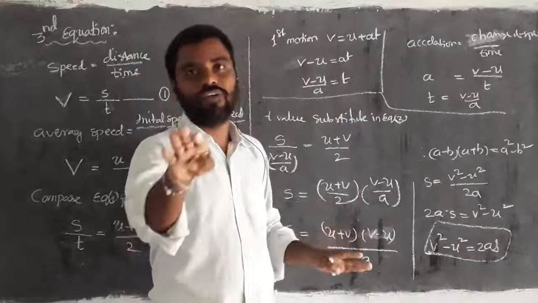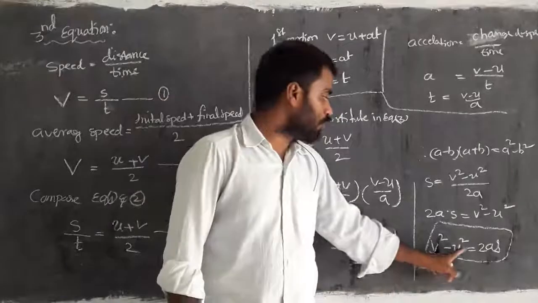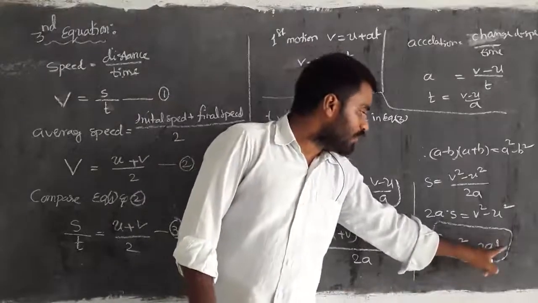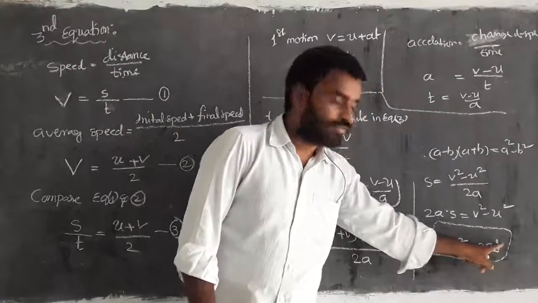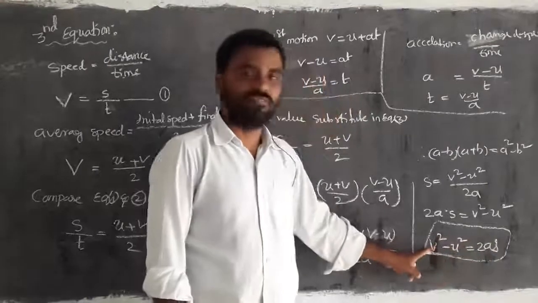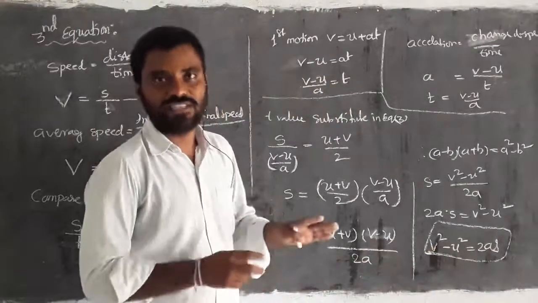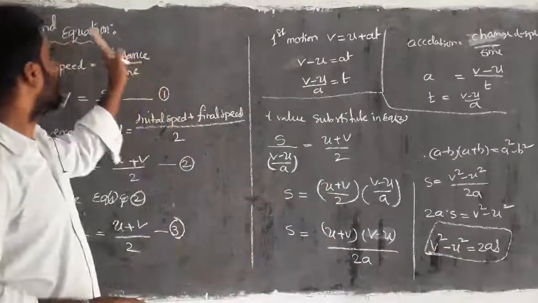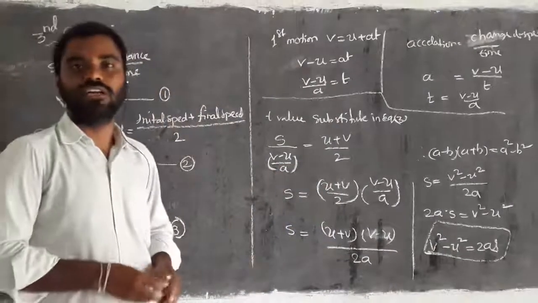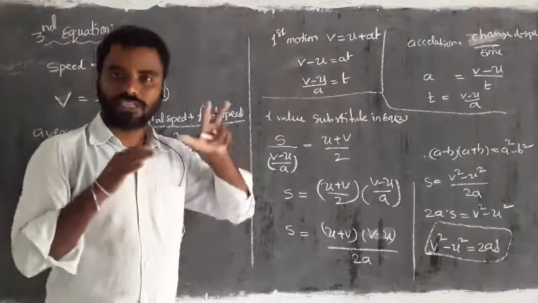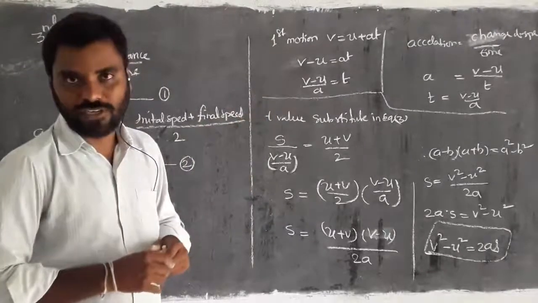So without time also we can get the acceleration, whatever displacement or distance we covered, initial velocity, final velocity. These are all things we can calculate. Right? This is the clarity about the first, second and third equations when an object is moving with certain acceleration.